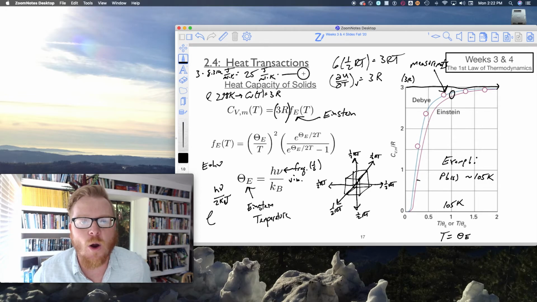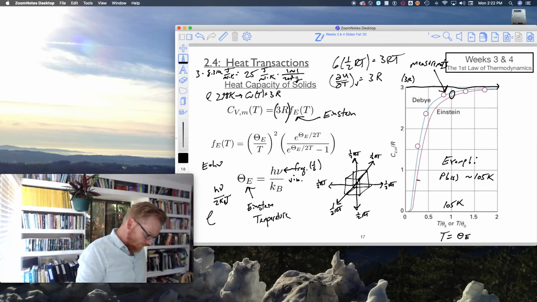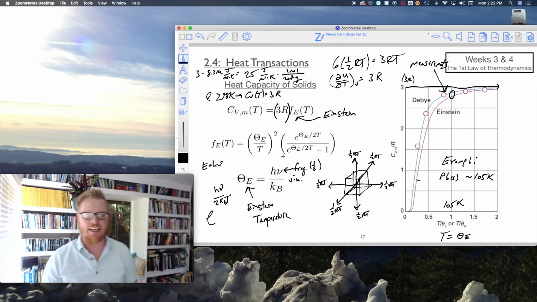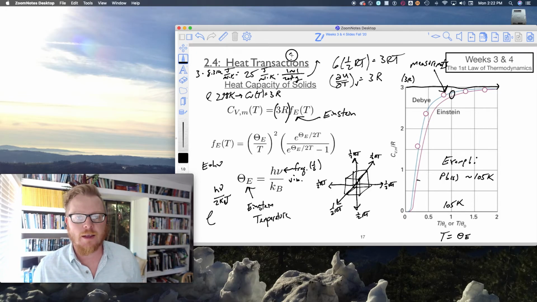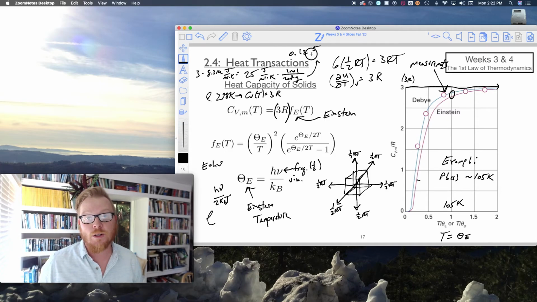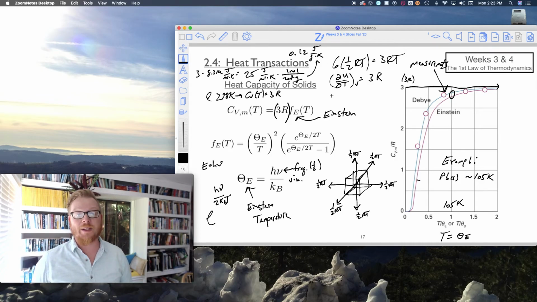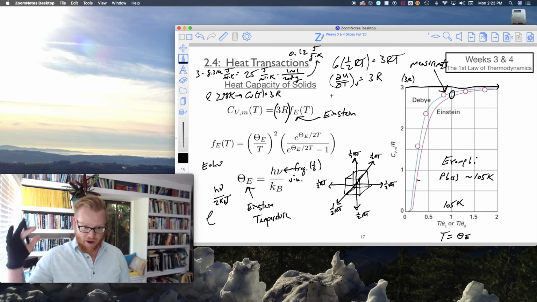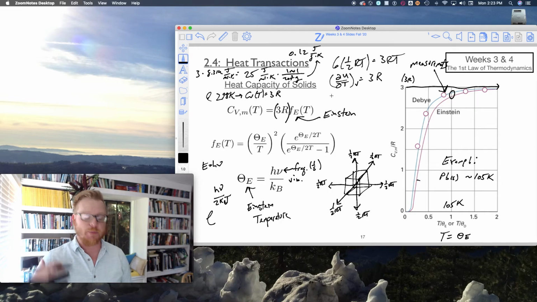So now I know in 1 mole of lead, it's 207 grams. The specific heat of lead is about 0.12 joule per gram per Kelvin, which would be different than the specific heat of iron or manganese or whatever. So the heat capacity of all solids is 3R once you're above the Einstein temperature. However, you have to remember the specific heat is different.